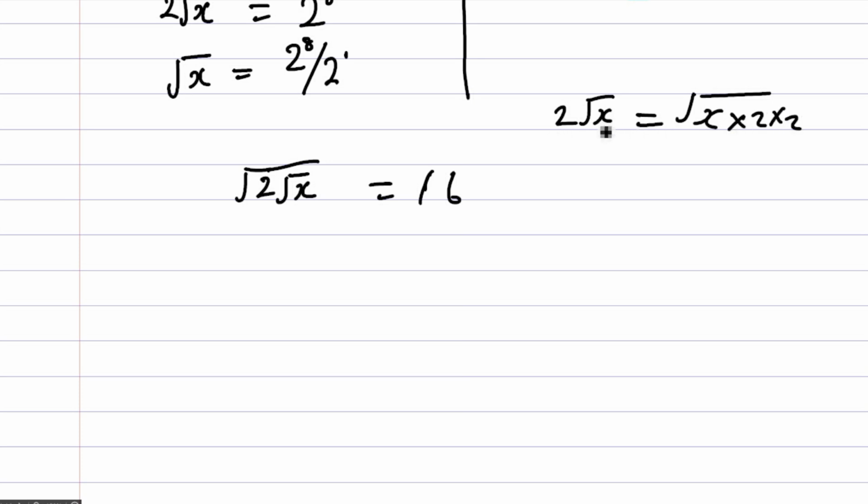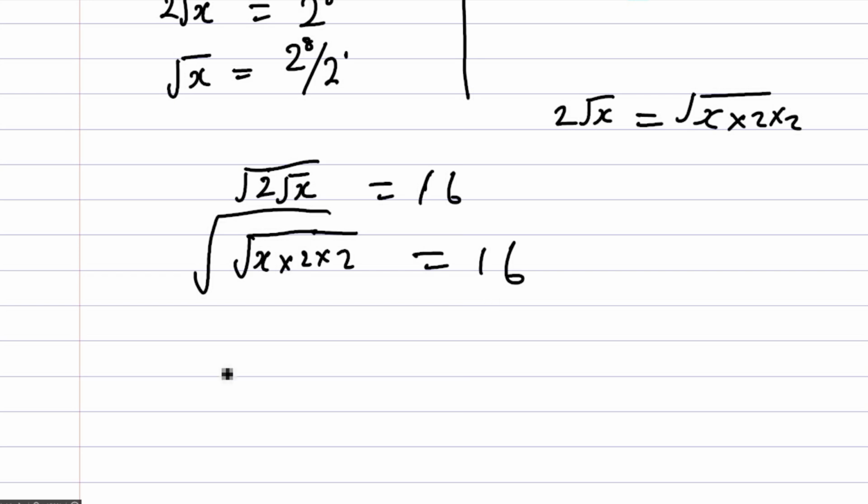If anybody wants to go inside, the person will multiply himself. So this is now the square root of x times 2 times 2, taking this one inside here. Now don't forget that they are both being covered by another square root, which is equal to 16.